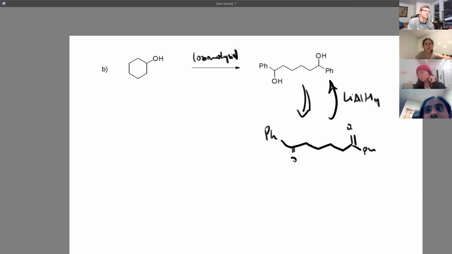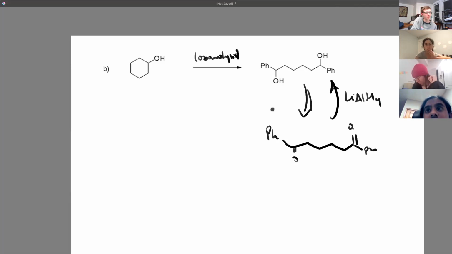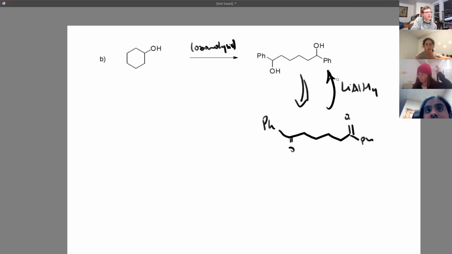And then you need H3O plus to put the hydrogens on. Yes, thank you. It's a really easy thing to overlook, at least for me, it totally is. So don't overlook the aqueous workup, because it is important and it does matter. So keep that in mind.